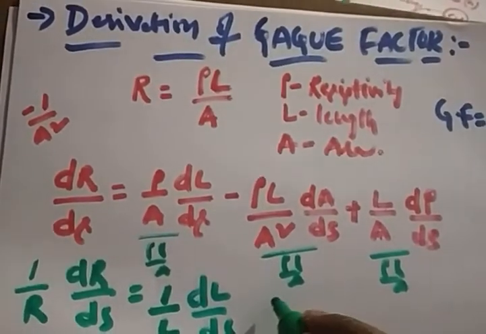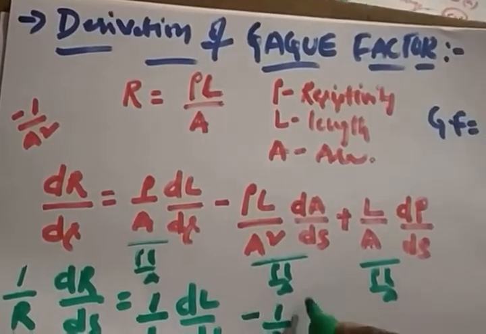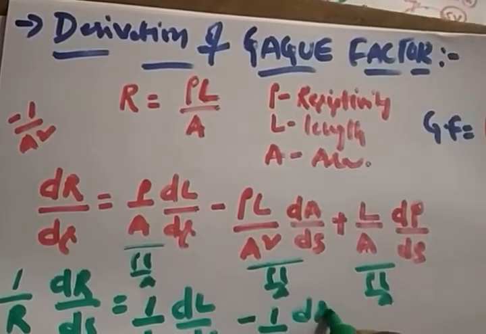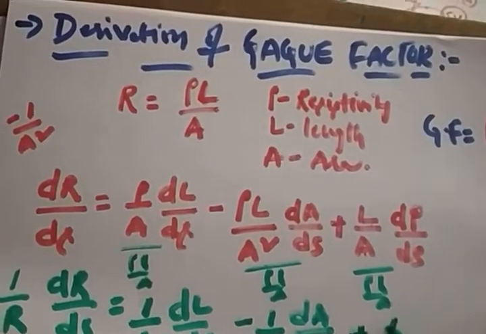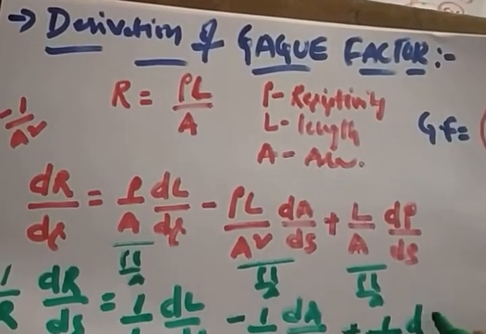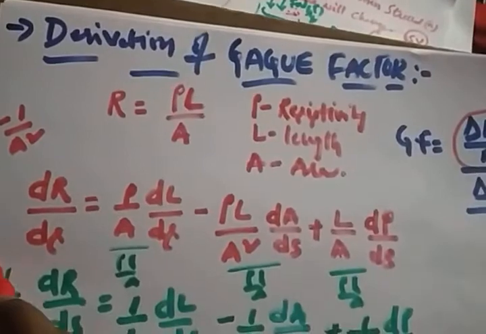Here you will get 1 by A, dA by dS. Here you will get 1 by rho, d rho by dS. Any doubts up to now?